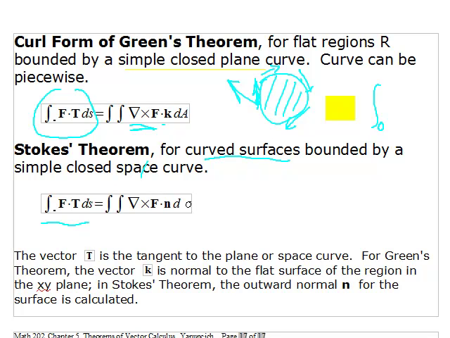There are certain things these theorems do not apply to. So again, you take F dot T ds, and that's your boundary over that surface. You can look at a surface like this, and it has a boundary around it. Or you can take the curl dotted with the normal to the surface, and integrate over the surface area of it, and that's equivalent.